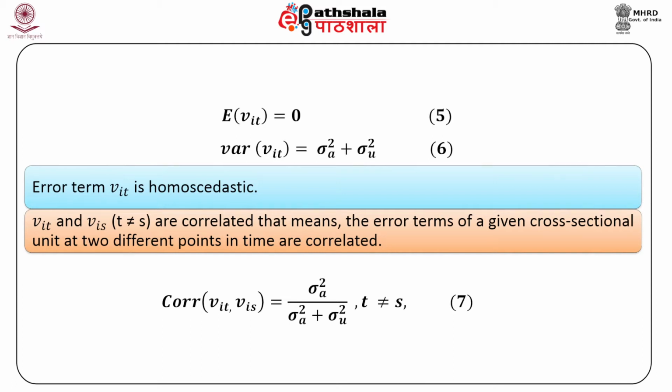However, it can be shown that v_it and v_is are correlated. That means the error terms of a given cross-sectional unit at two different points in time are correlated. The correlation coefficient between v_it and v_is is equal to sigma squared a divided by sigma squared a plus sigma squared mu, t not equal to s.